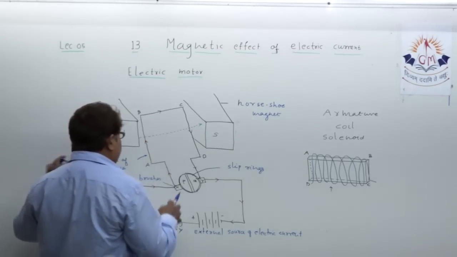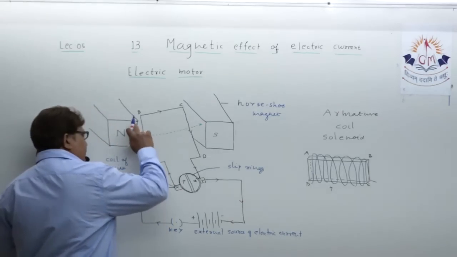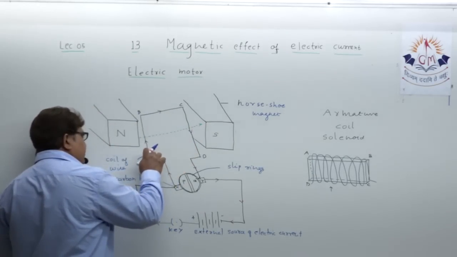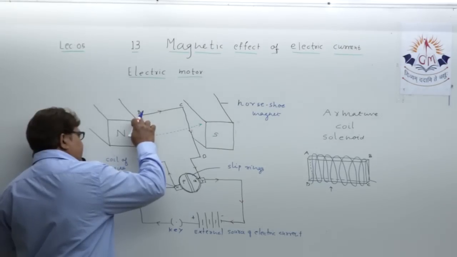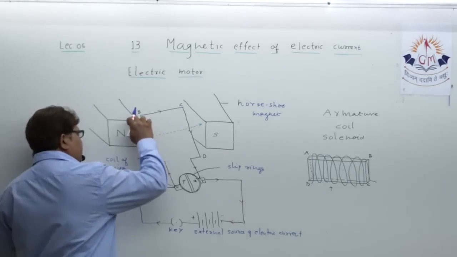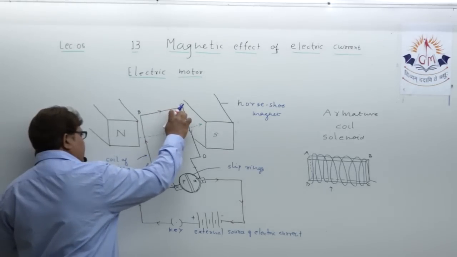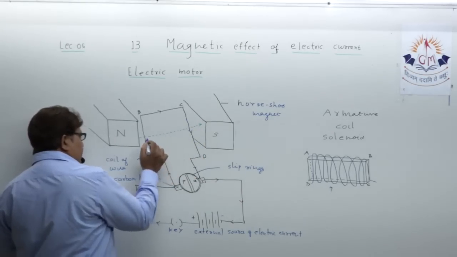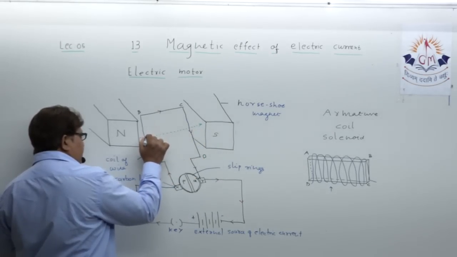If you just compare this rectangular coil of wire, if you consider four edges AB, BC, CD and DA, suppose, so here the direction of current is this way.